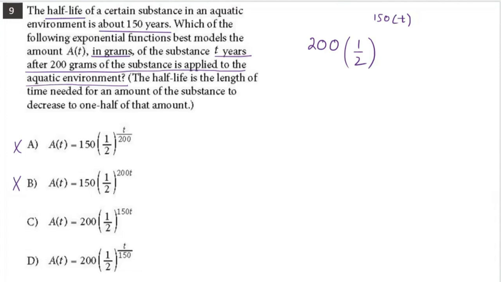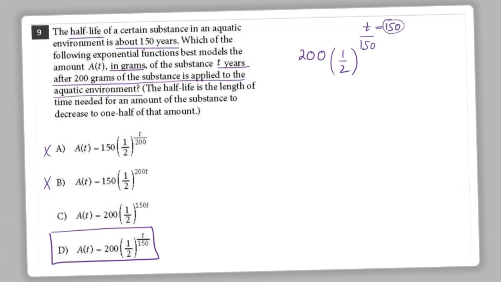So the option D, let me just erase it and tell you why option D is correct. T over 150. If you put t equals 150, every 150 years, this becomes 1. So you get 200 times the half, which will make it 100. So D is the correct option.